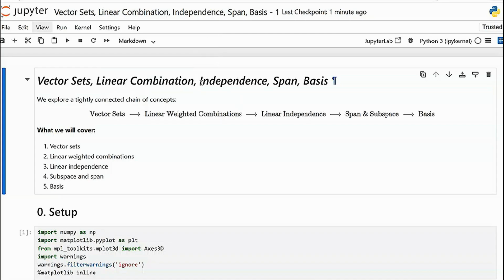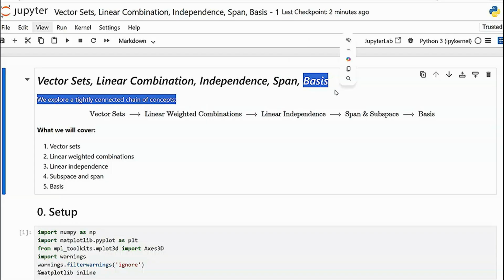We move on to independence, which ensures that our representations are free from redundancy. From there, we explore the concept of span, which defines the space of all possible combinations, and the basis, the minimal and most efficient representation of that space.